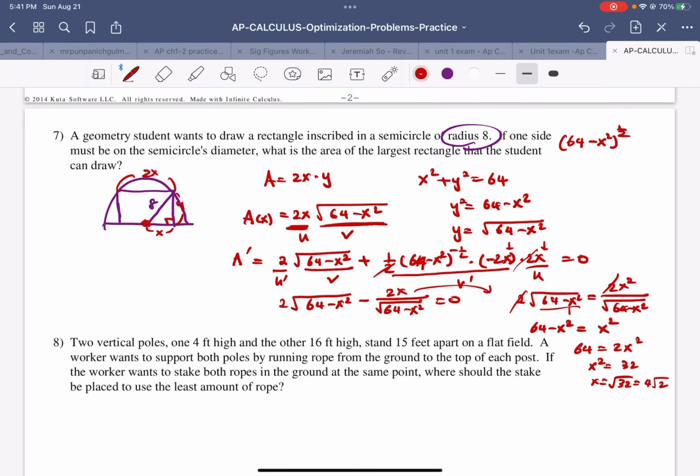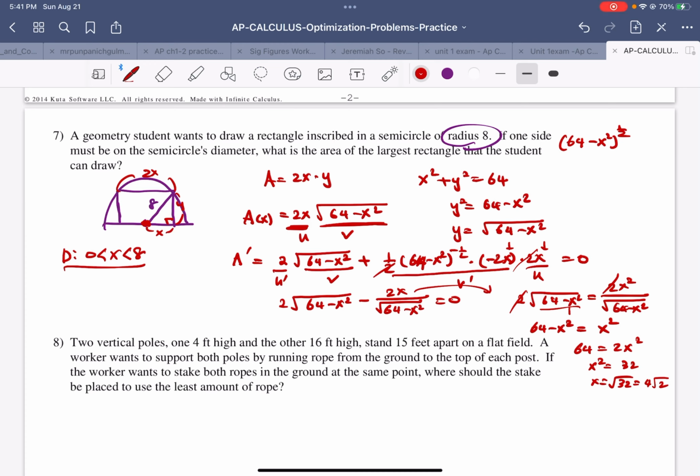Now, you have to prove it. Let's talk about the domain first. x is of course greater than 0, but less than the radius, right? That's your domain. In that domain, I'm going to prove that one is actually the maximum, the largest area.